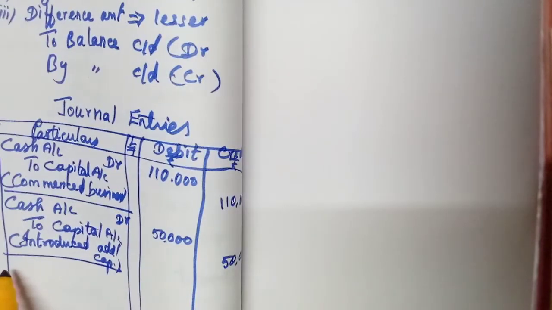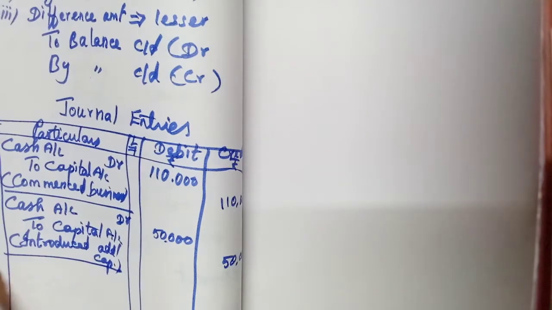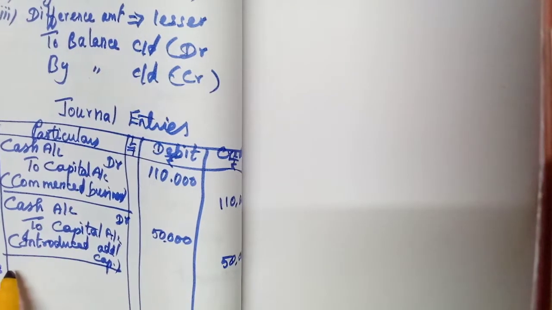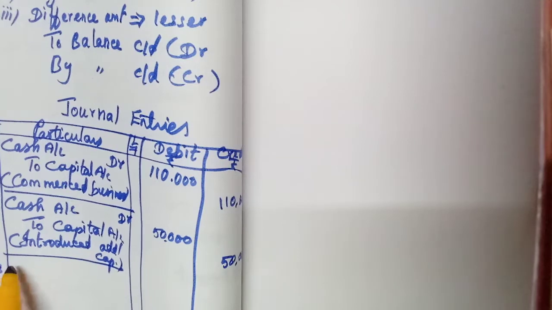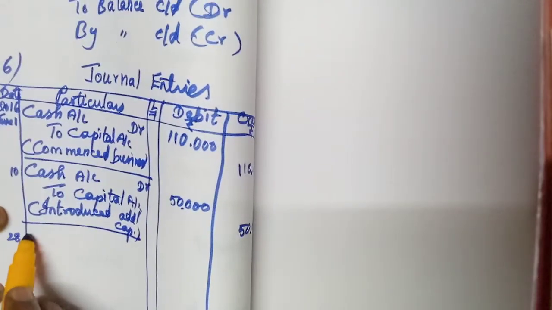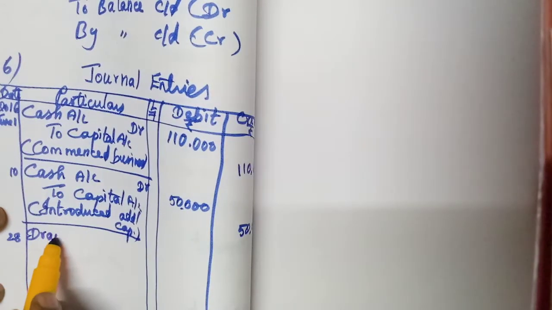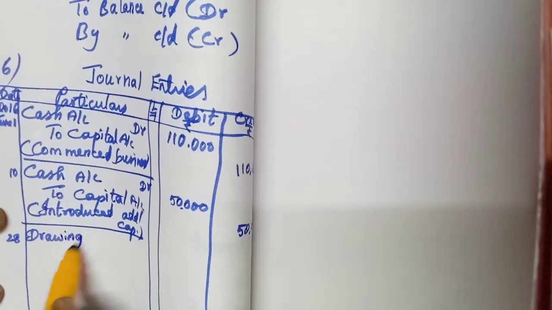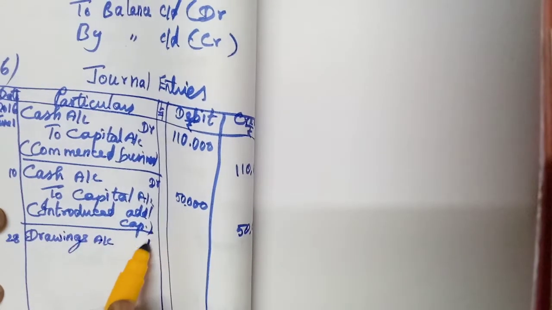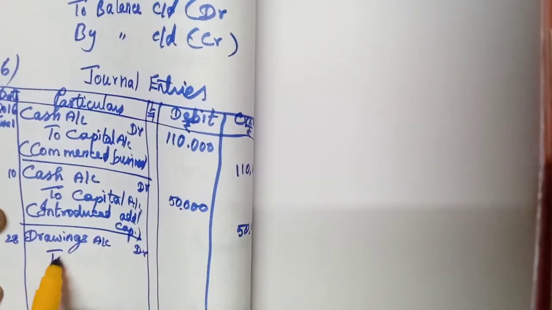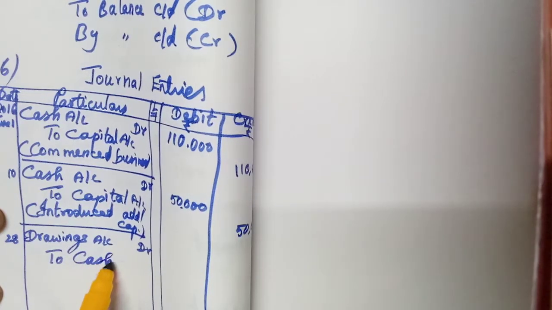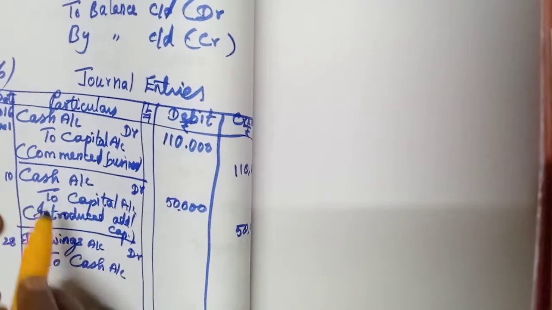Third journal entry, withdrawn for personal use. Date is 28. What is the journal entry? Here, withdrawn for personal use, we know that is drawings. So, drawings must be debited. Drawings account debtor to cash. Cash is going outside. Okay, cash. You see opposite of this one.